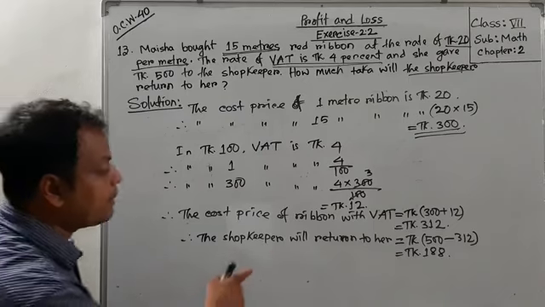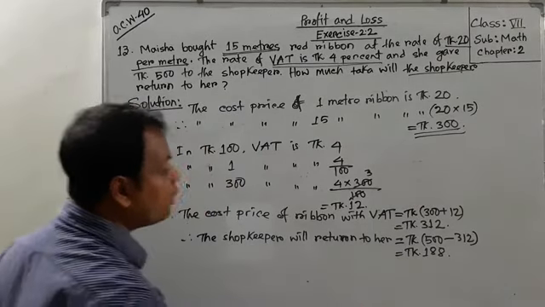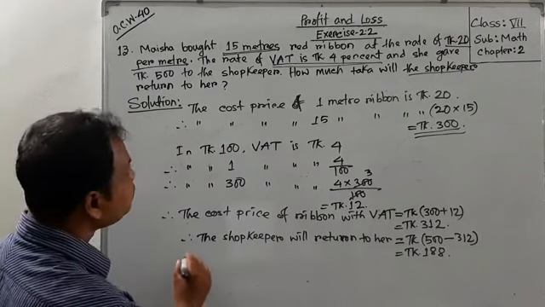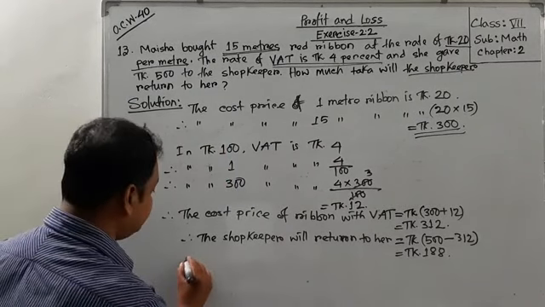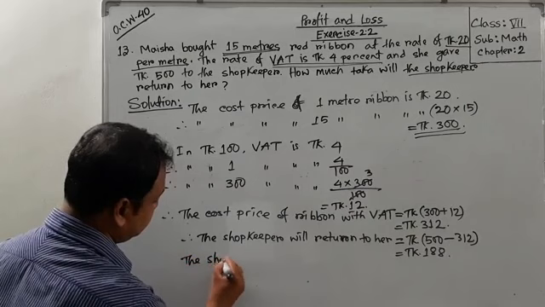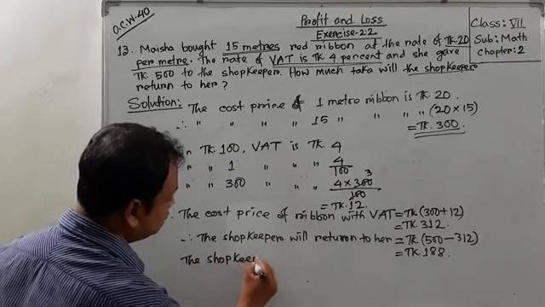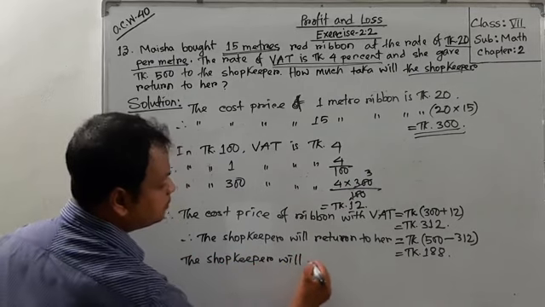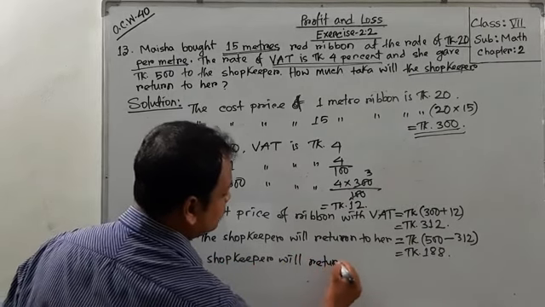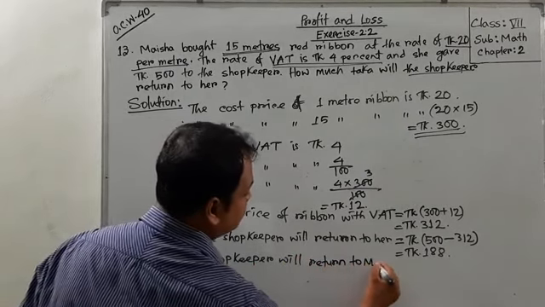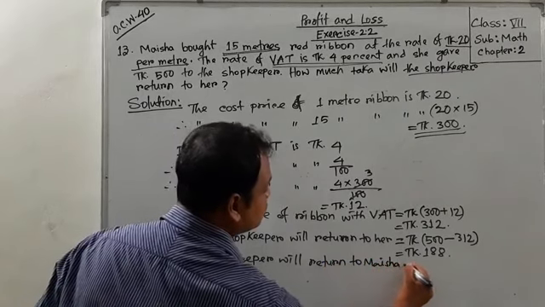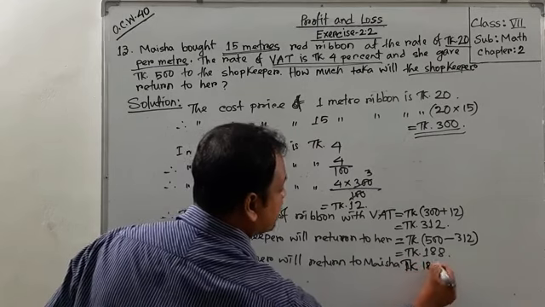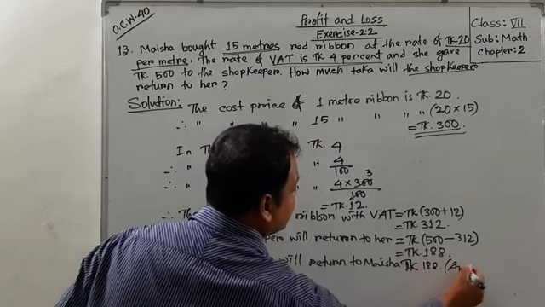So the shopkeeper will return to her taka 188. Therefore we will write the shopkeeper will return to Maisha taka 188. Which one is the answer?